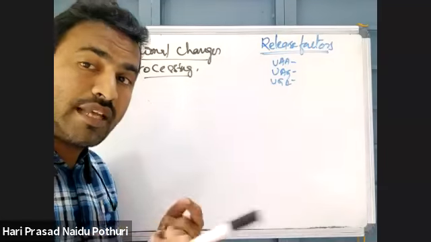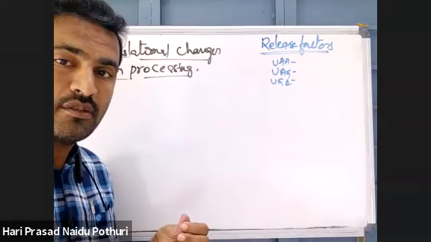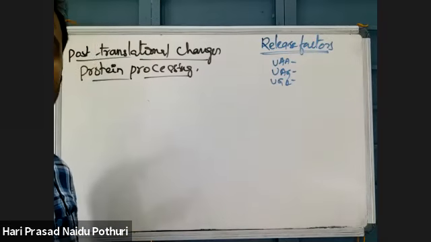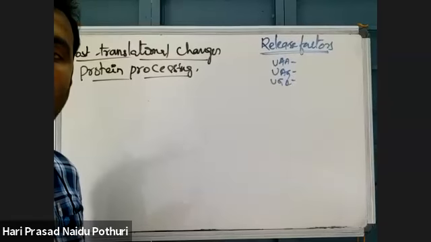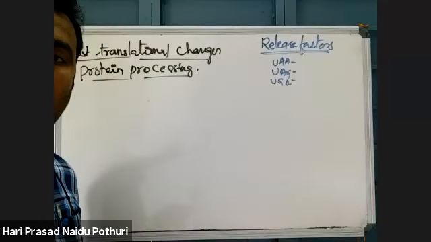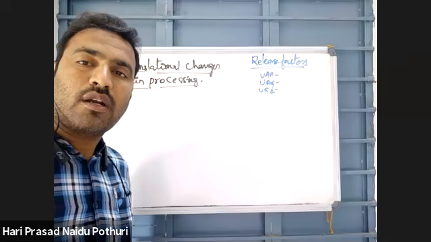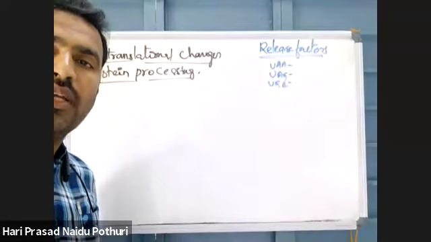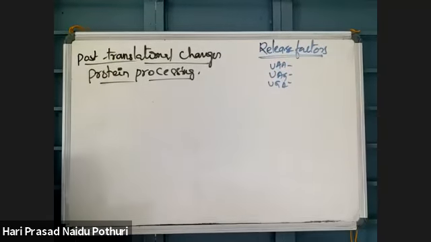Some other changes like modified nitrogen bases are steps which activate the mRNA molecule. The hnRNA molecule formed will be converted into mature mRNA. Mature mRNA is the only one involved in protein synthesis.